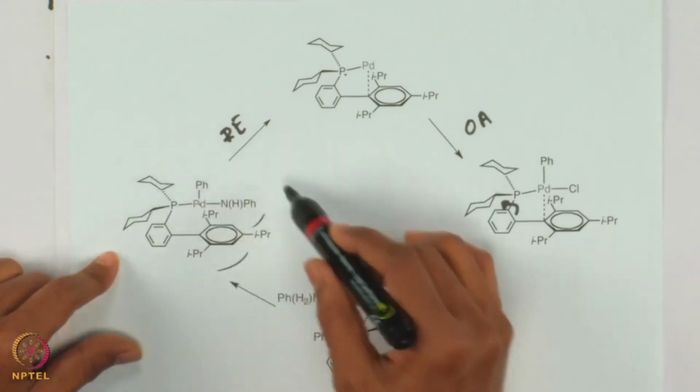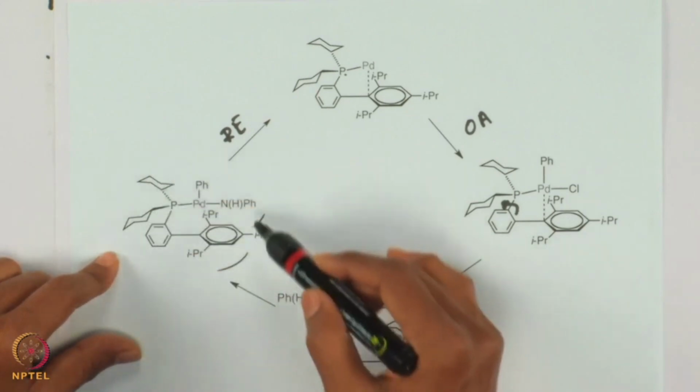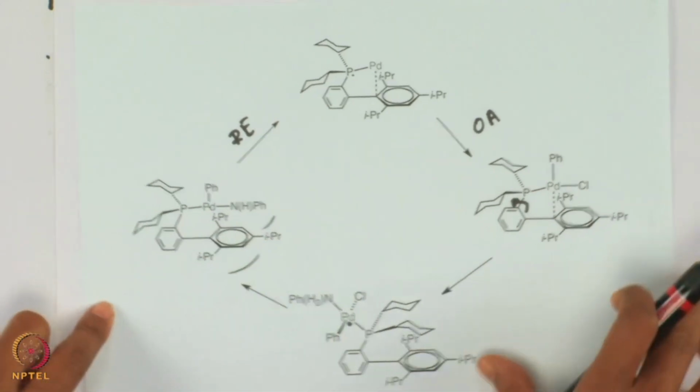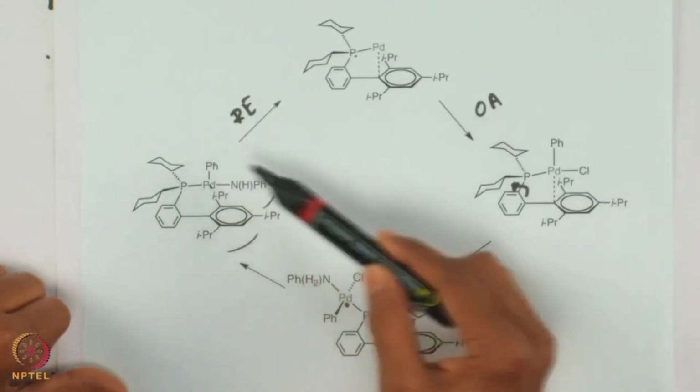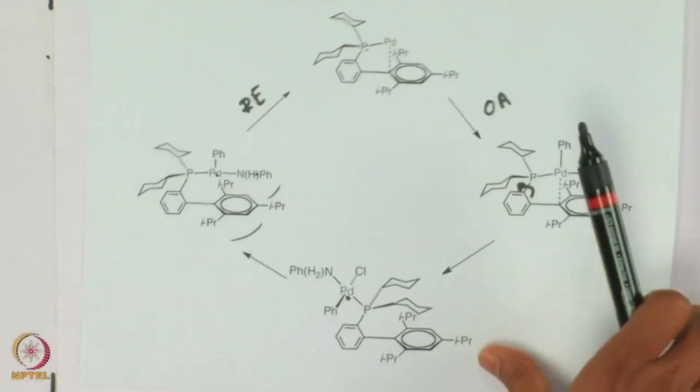Now, keeping that in mind, what people have done is come up with a design for the pre-catalyst. Let us look at that pre-catalyst design. So, remember we have a palladium, aryl, amine and a phosphine ligand coordinated with palladium. Now, how can you design the pre-catalyst from such an orientation, which will be essential for our pre-catalyst design?